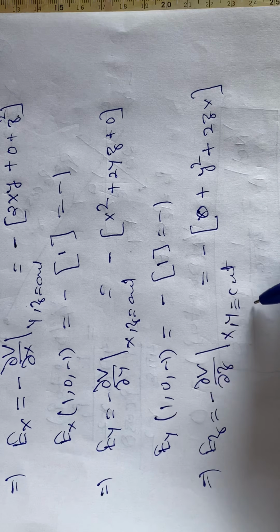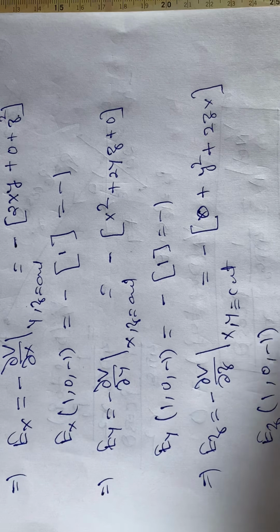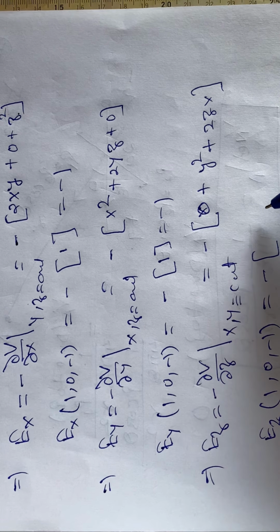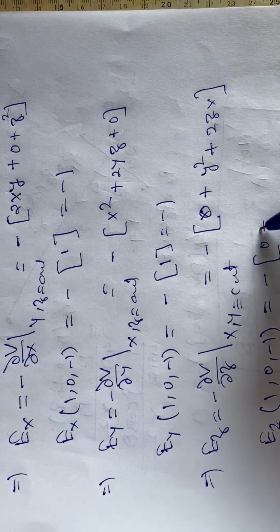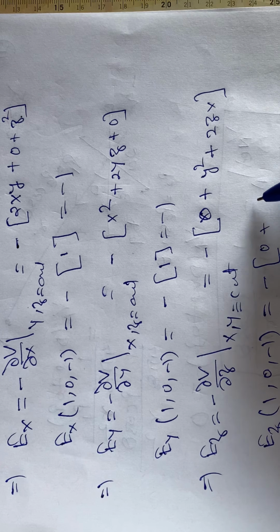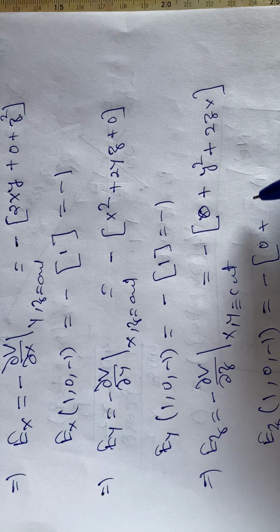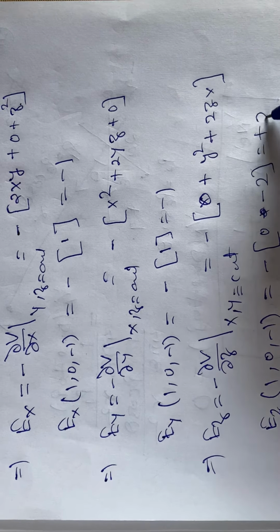And if we substitute the values, Ez at point 1, 0, minus 1 comes out to be 0 plus 2zx. That makes it 2 times minus 1, which with the minus sign becomes plus 2.